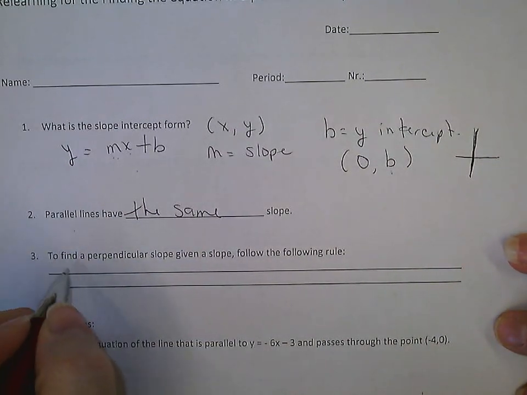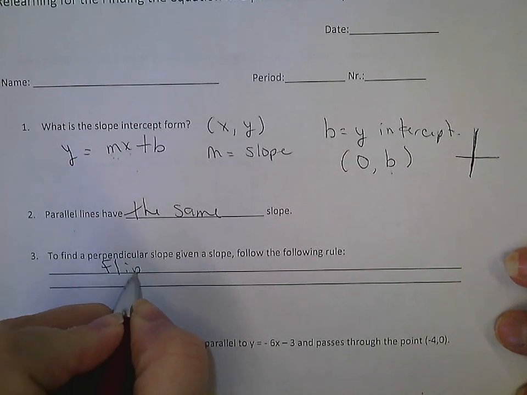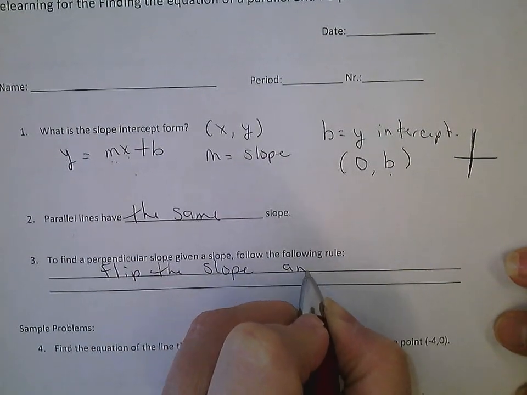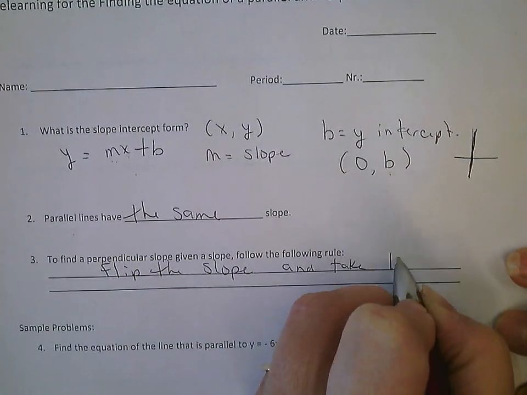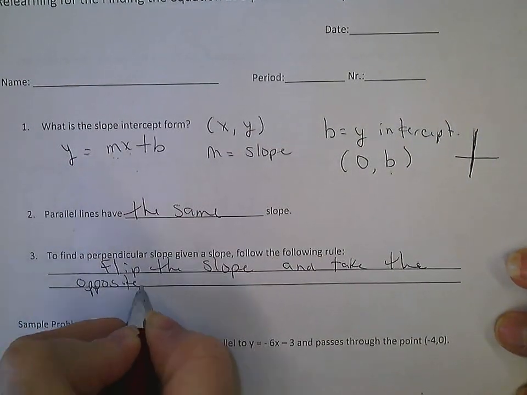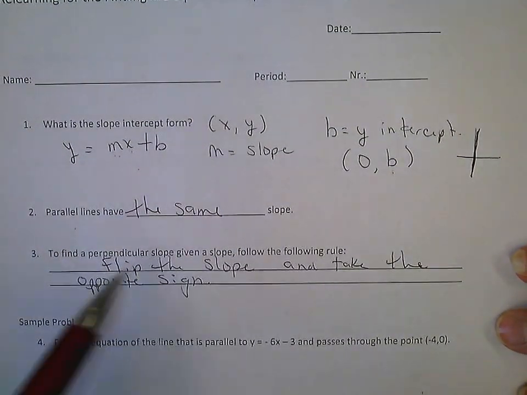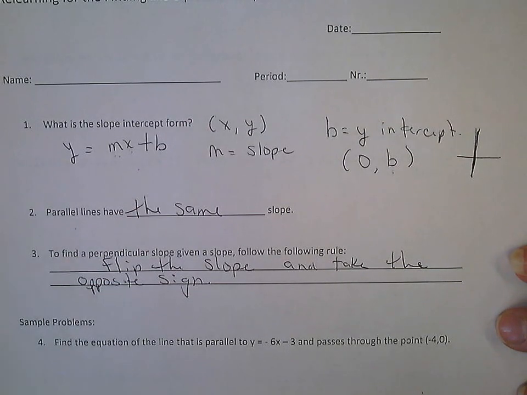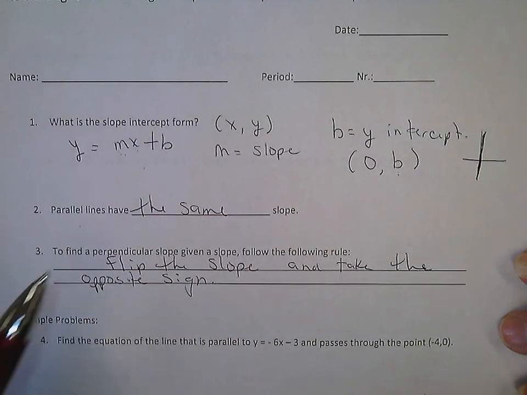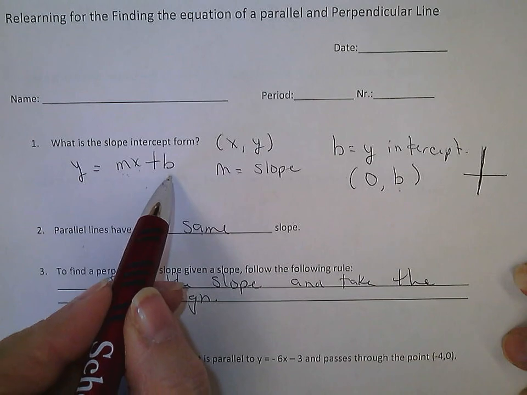The slope of the line given, you flip it and take the opposite sign. So when it says to take a perpendicular line, we look at the slope that's given, we flip it, and we take the opposite sign. Parallel lines are the same. And we're going to be using the y equals mx plus b.